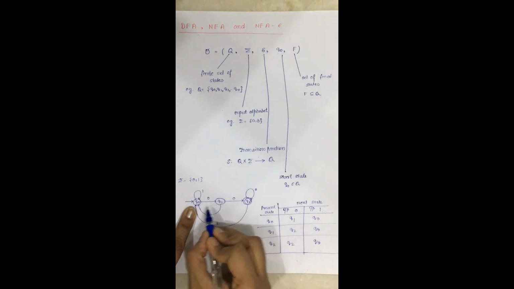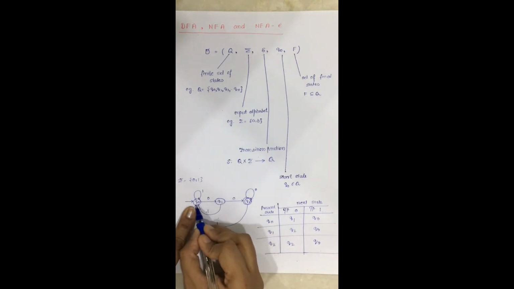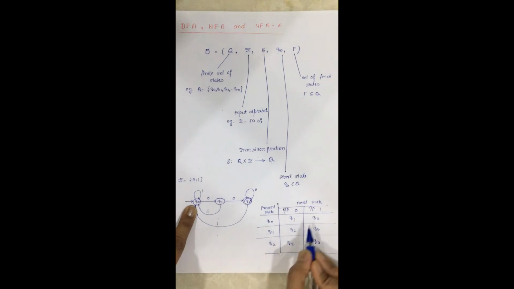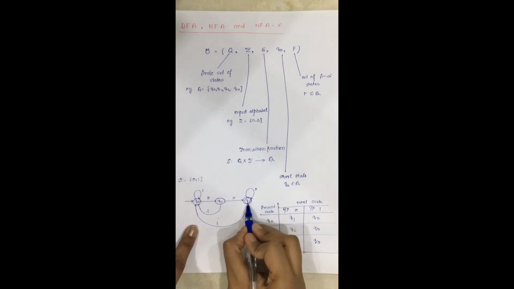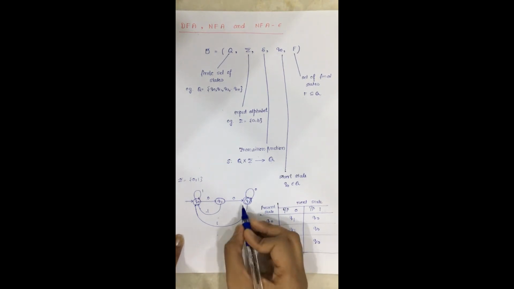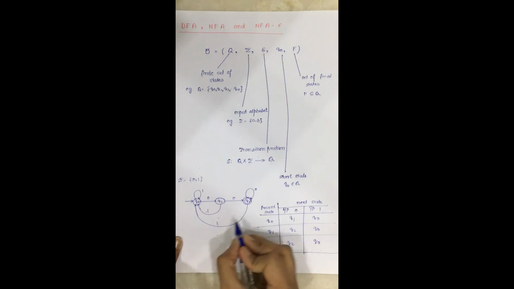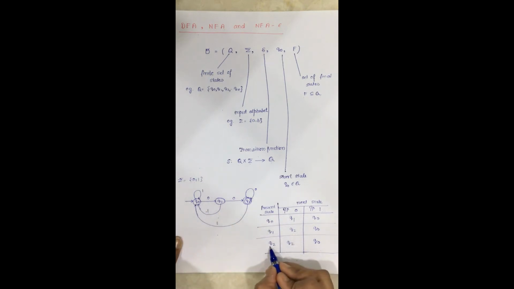At Q1 for input symbol 1, the next state is Q0. At Q2 for input symbol 0, the next state is again Q2. At Q2 for input symbol 1, the next state is Q0. In that way we can plot the transition table for a DFA.